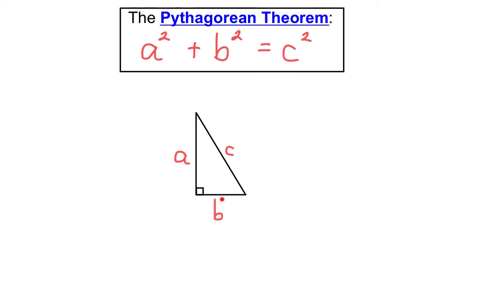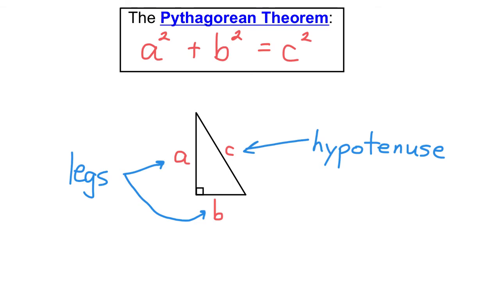Now, A and B are called the legs of the triangle, and C has a special name. It's called the hypotenuse. So the hypotenuse is the longest side of the triangle, and it's always directly across from the right angle. So it's very important that you put the hypotenuse in the right spot when using the Pythagorean theorem.